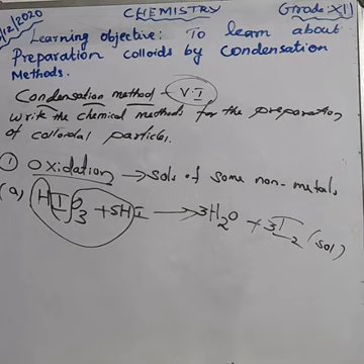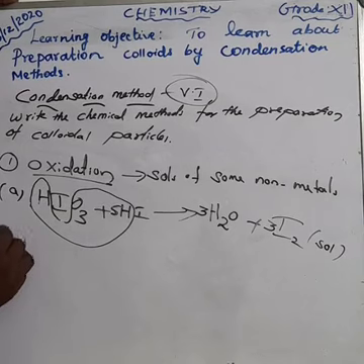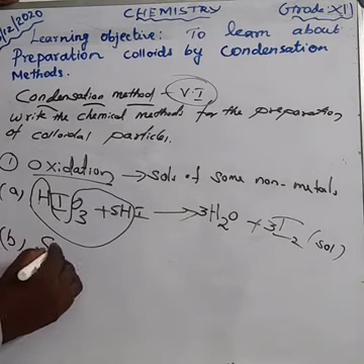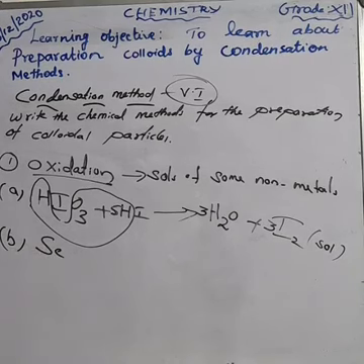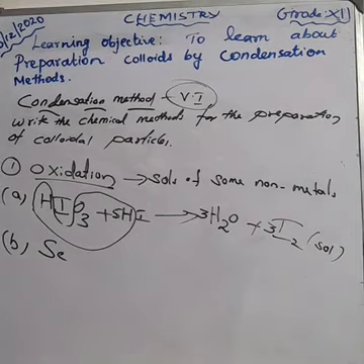selenium salt? What is the symbol of selenium? Se. The symbol of selenium is Se, capital S and small e. From hydrogen selenium, how will you prepare selenium salt?